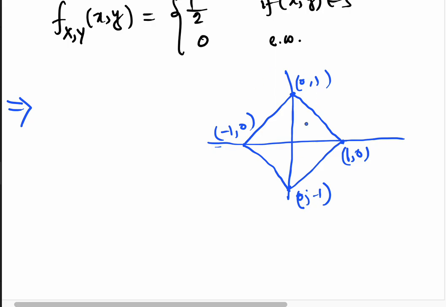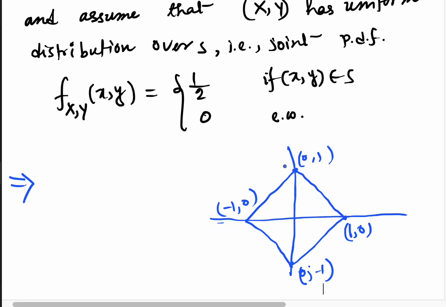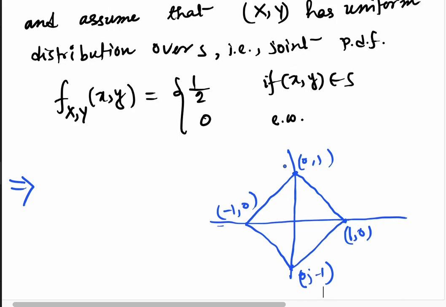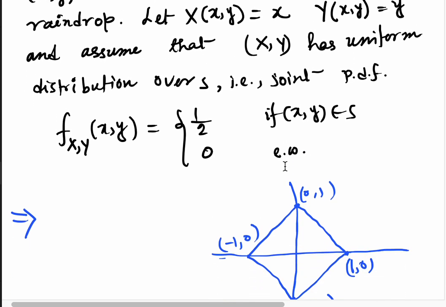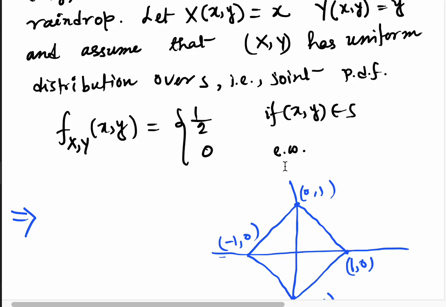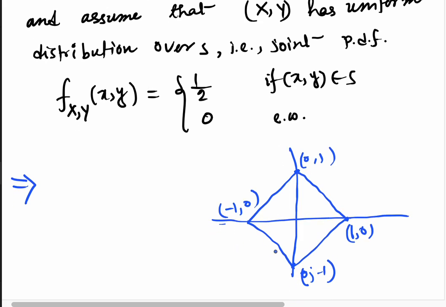So this is the plane, and raindrops are coming onto this surface, and any raindrop falls on the surface randomly. If it falls here, suppose this point is (x, y), and the distribution of this (x, y) is of this form.